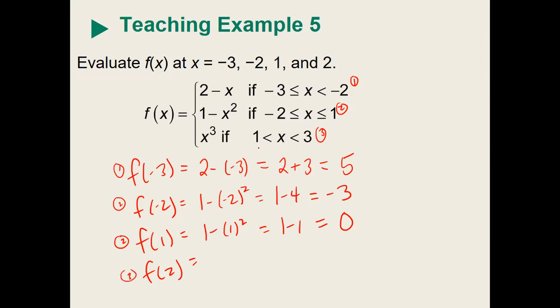It's between 1 and 3. So you're using x to the third, which is 2 to the third, which equals 8. 2 times 2 times 2 is 8. Questions, comments, concerns about evaluating piecewise defined functions? A doable situation? Yeah?